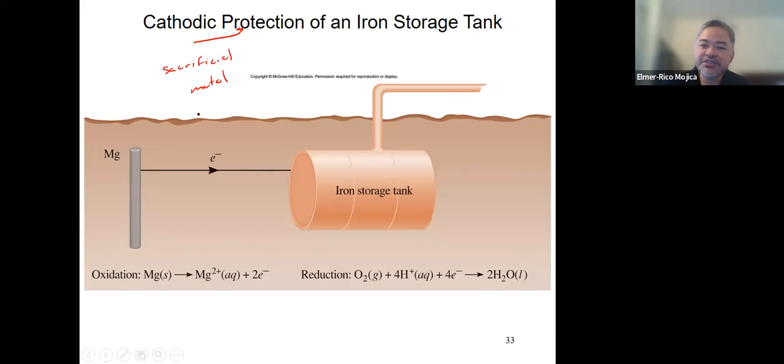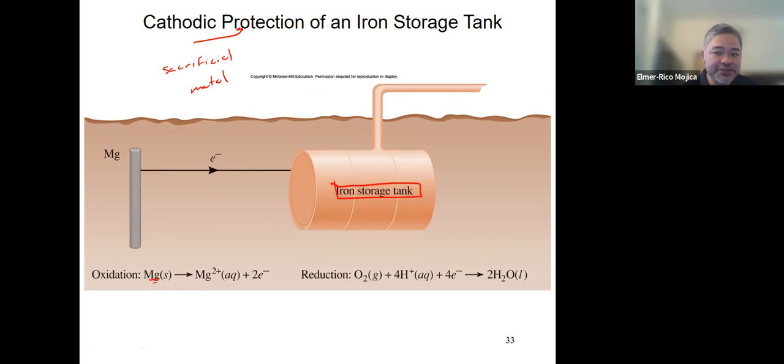And you can use the so-called reduction potential for it. Okay. So what happened? Let's say you have a lead storage tank or an iron storage tank. So what they do is they try to coat it with magnesium. So between magnesium and iron, the one that would be first oxidized is your magnesium.